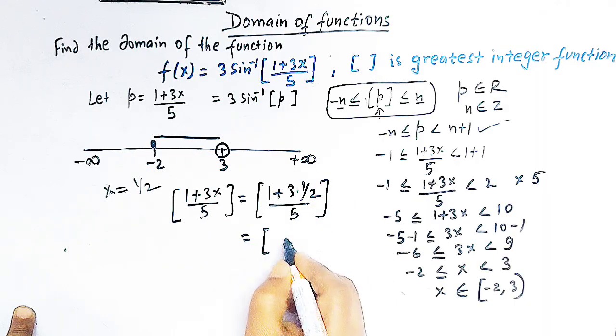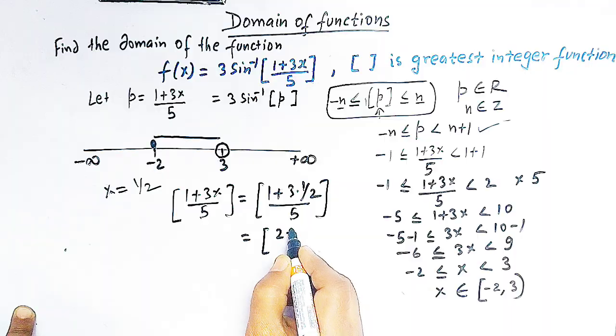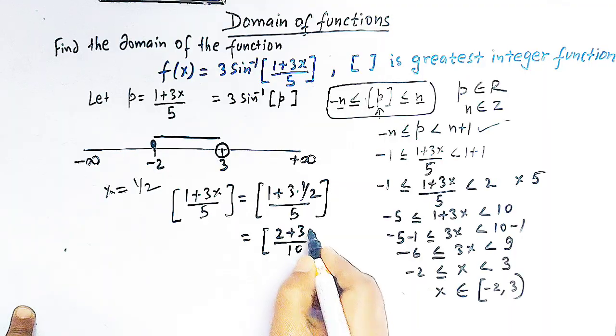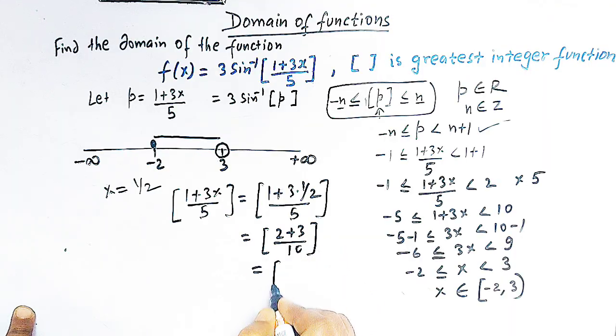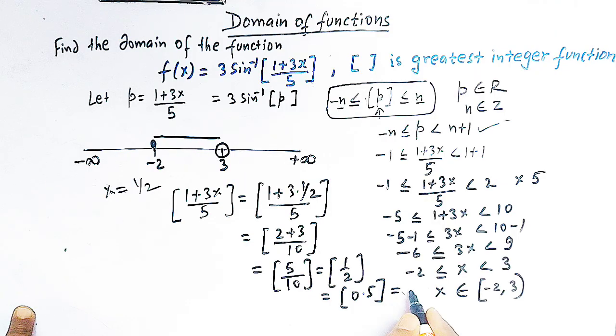So this is (1 plus 3 over 2) over 5, which is (2 plus 3) over 2 over 5, and here we have 3 plus 2 is 5, over 10, and this is half, and this is 0.5, and the greatest integer of 0.5 is 0 by definition of greatest integer function, right?